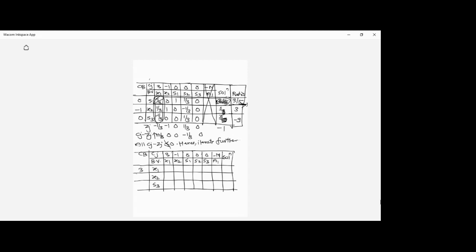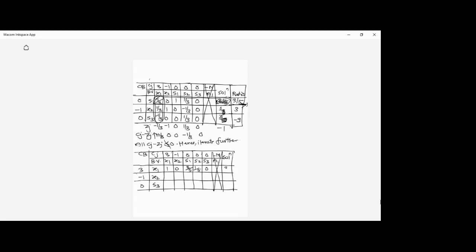X1 has a coefficient of 3, x2 has a coefficient of -1, and s3 has a coefficient of 0. So all the new values that I have found out, I'll be writing here. You can check all these values on your side and understand this numerical, right?